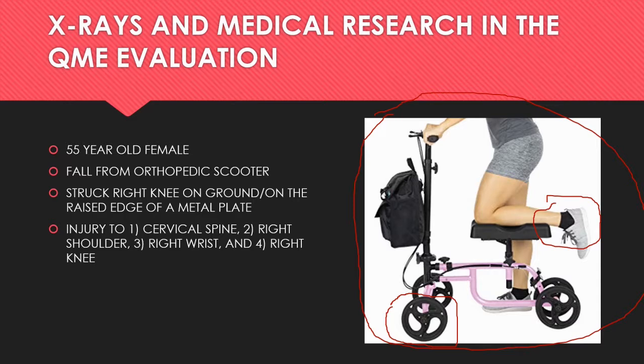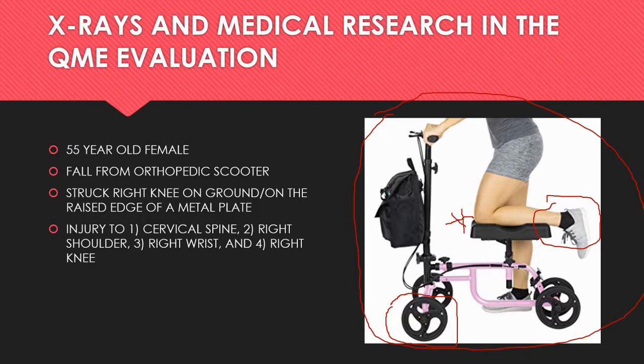And she went over the top of the handlebars, according to her, and she landed on an outstretched hand, also striking her right knee, same knee, or the knee right above the ankle fracture, and she struck her knee on the ground on what she described as the raised edge of a metal plate.